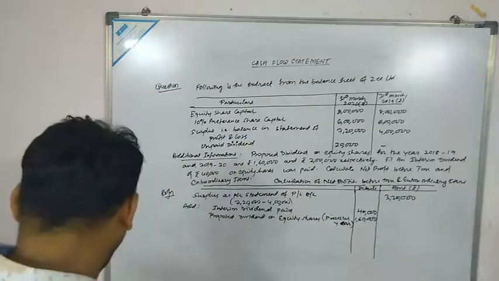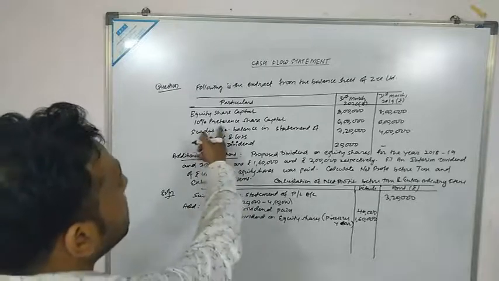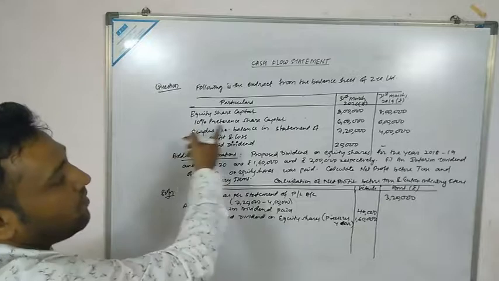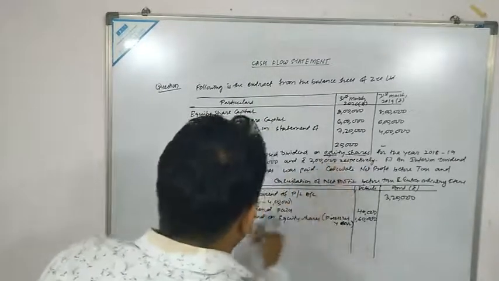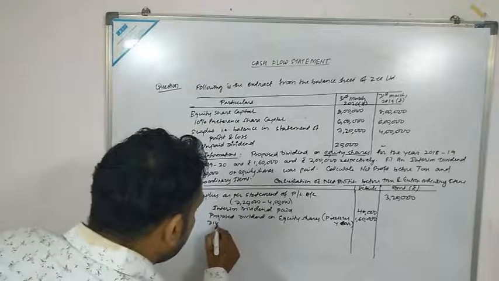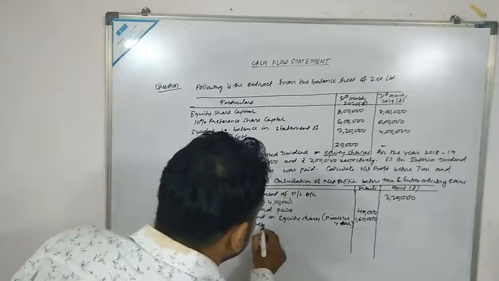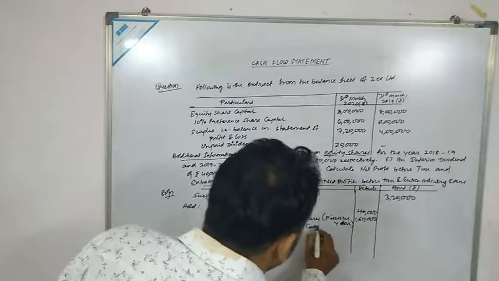So this is your 1,60,000. Okay, now your 10% preference share capital is also given. Okay, so 10% it signifies dividend. So dividend on equity shares already has been written. Now also we have to write, add dividend on preference share capital.